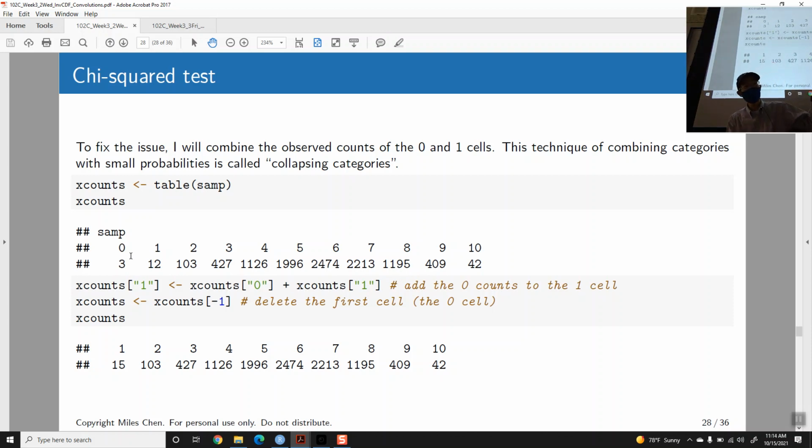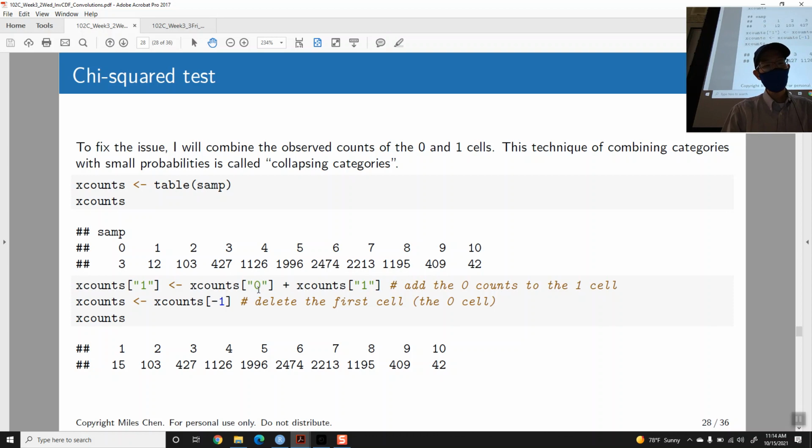So if you have category A, which has a really small expected count, you just combine it with another category. So I'm going to take the 0 category and combine it with the 1 category, okay? Now, this is a named vector where the first value is named 0. So it's a tiny bit confusing. So we have to put quotes.